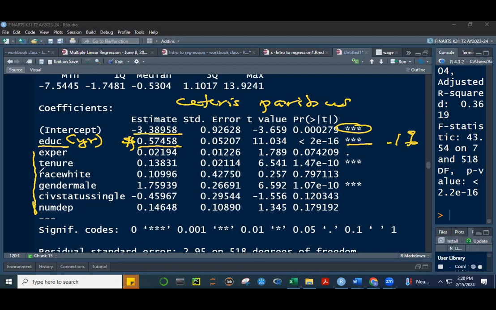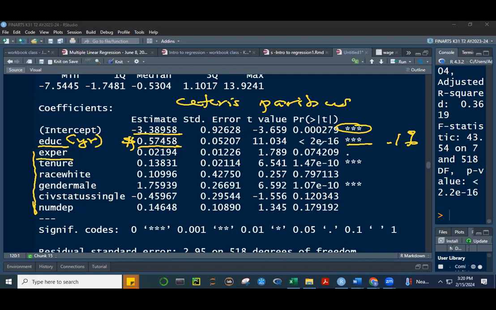Otherwise, if you also change experience, let's suppose this is significant, then this will also add to the marginal effect on hourly wage, right? It becomes 0.57 plus 0.02, because experience will also change by 1 year. So that's why when we interpret each individual parameter, we say ceteris paribus, which means do not increase the others. So that's what education 0.574, 0.575 means.